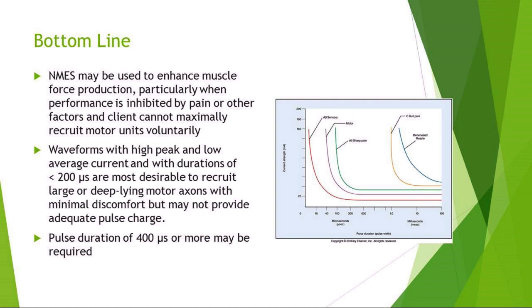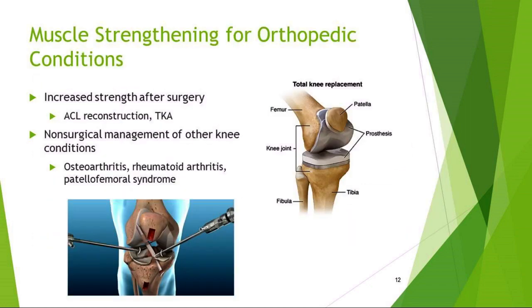So muscle stim is definitely one where you have to spend a lot of time figuring out what works best for your individual patient with their individual nervous system and muscles. Okay? And hold the strength duration curve close to your heart while you're doing it. So muscle strengthening for orthopedic conditions is a really common use, increasing strength after surgery, ACL reconstruction or total knee arthroplasty, or in non-surgical management of other knee conditions like osteoarthritis, rheumatoid arthritis, or patellofemoral syndrome.